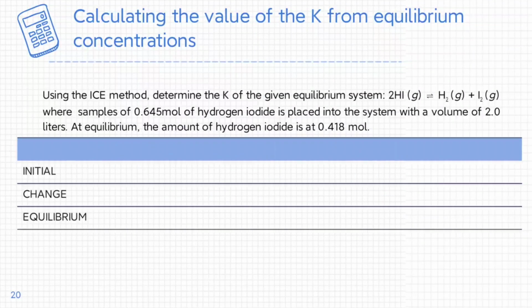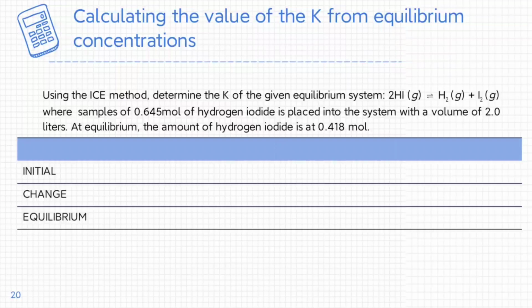Okay, for the last example, you try to compute this on your own. You may pause the video to answer or to complete the table. Reminders, you balance the equation first. Pero as I can see here, it's already balanced na, no? So, you balance the equation. Tapos, you write the given.